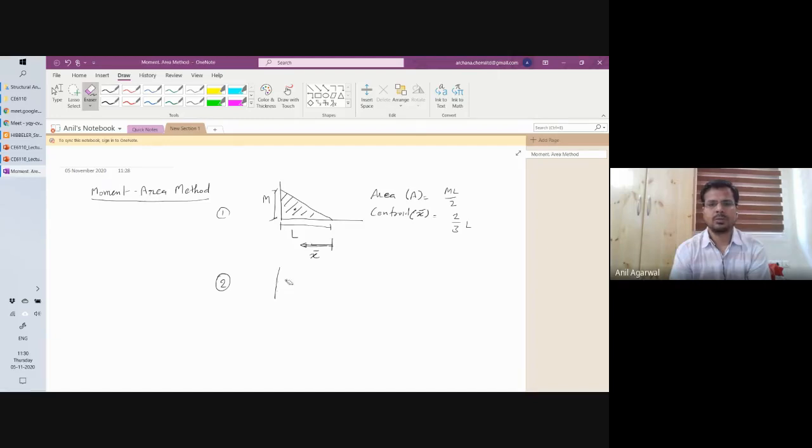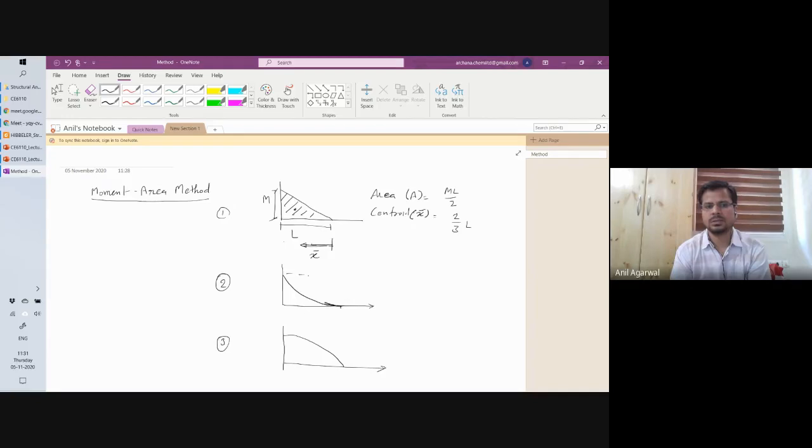So there are two types of parabolas possible. One type of parabola could be this one, and this parabola has zero slope where it meets the horizontal axis. The other type of parabola could be of this kind, or in other words, it is just the other side of this parabola.